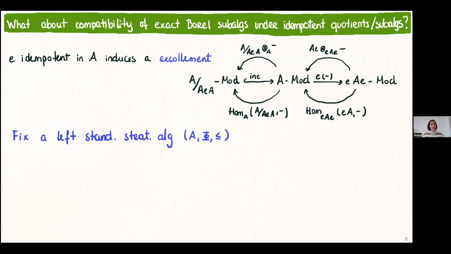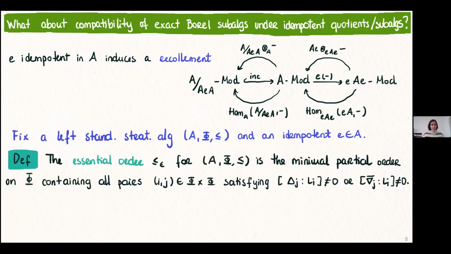And if A is left standardly stratified and we pick the idempotent E at random, of course, we should not expect that the idempotent quotient over here and the idempotent subalgebra over here are still left standardly stratified, nor that the recollement preserves the standardly stratified structure. For that, we need idempotents which are compatible with the standardly stratified structure. Let me define a couple of things.